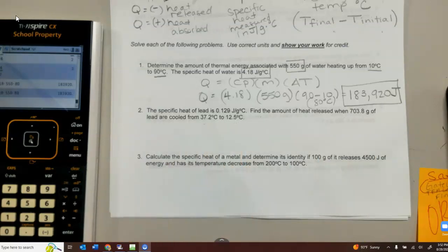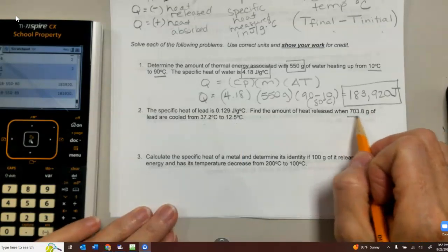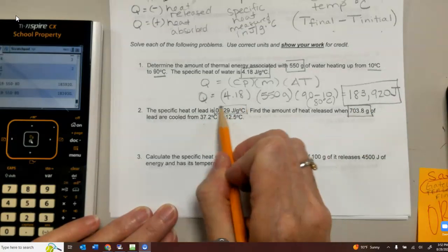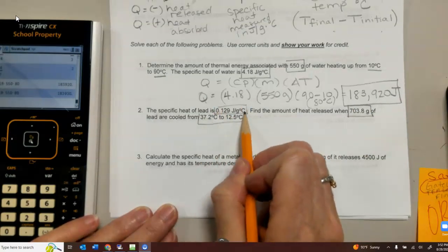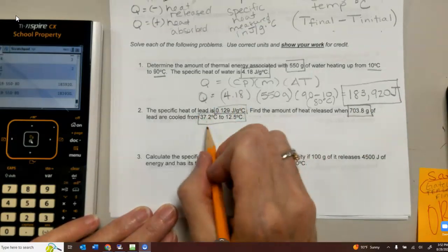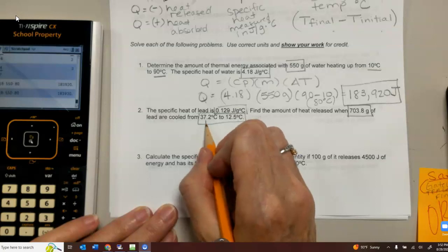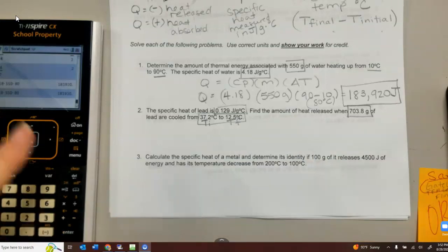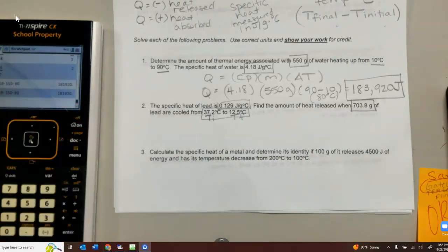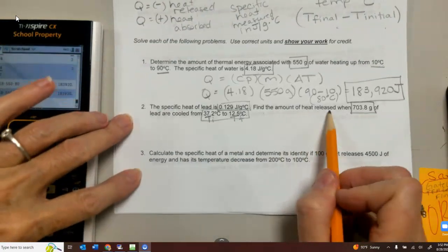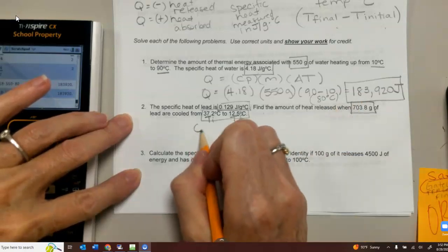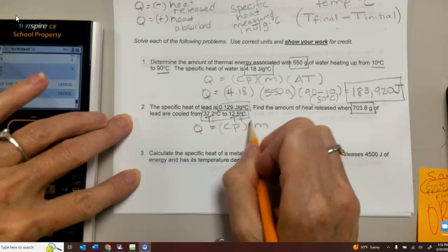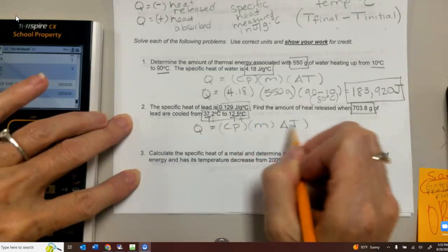Okay, so on this one, we know the mass, we know the specific heat, and again, we know our starting and final temperature. So this is the initial temperature, and this is the final temperature. And this is going to make a difference on this one. Again, we're finding the heat energy released, which is the definition of Q. Q equals specific heat times mass times delta T.